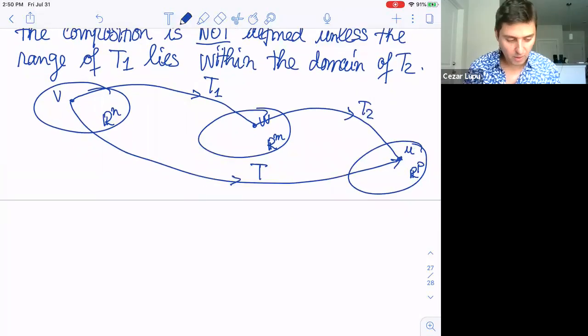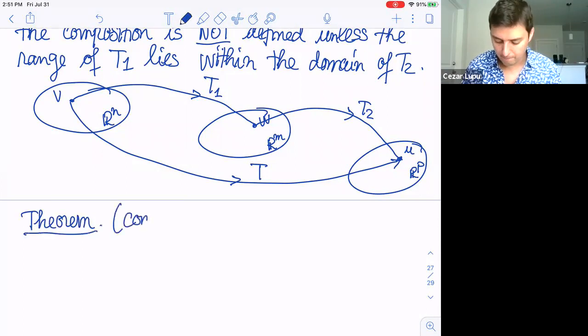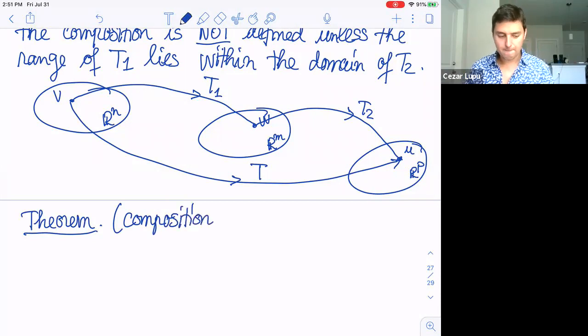And now we'll have the following theorem. In fact, this next theorem emphasizes the usefulness of matrices for representing linear transformations. Theorem, which again will concern the composition of linear transformations.